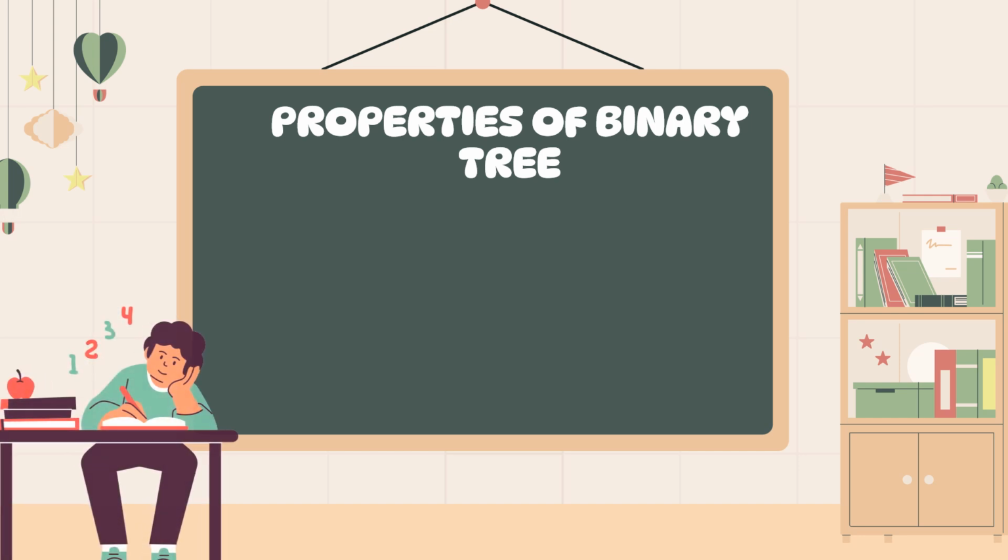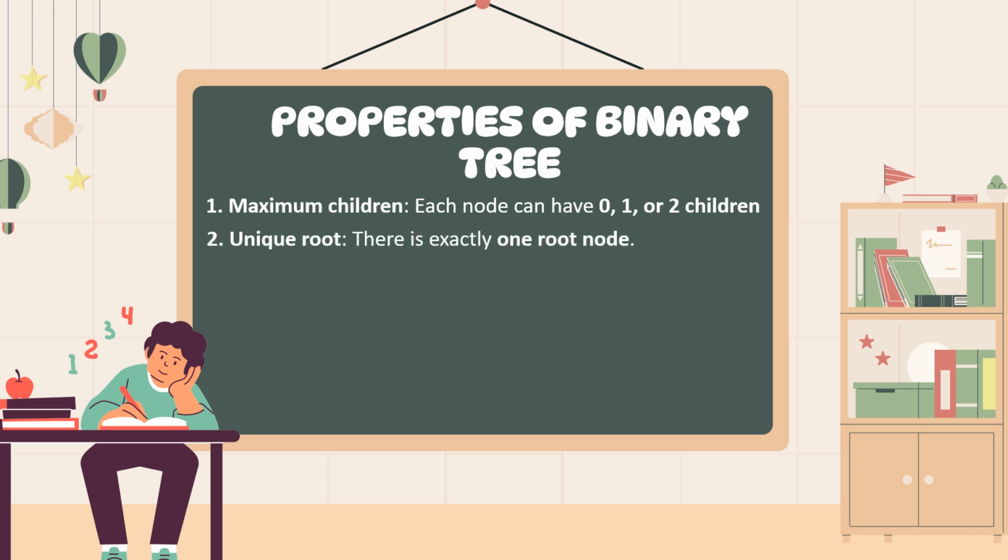Moving forward to the next slide. Properties of a binary tree. Some key properties include maximum children: each node can have 0, 1 or 2 children. Unique root: there is exactly one root node in every binary tree. Level of a node: this is the distance from the root.